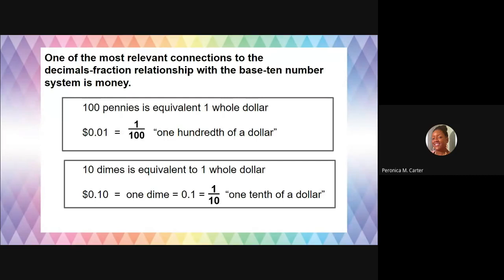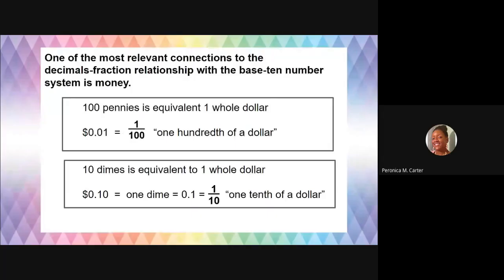And when you're looking at it as one dime, it's also equivalent to 0.1 or 1/10. 1/10 of a dollar. How many dimes does it take to make a dollar? It takes 10 dimes to make a dollar. 10, 20, 30, 40, 50, 60, 70, 80, 90, 100. So one dime is 1/10 of a dollar. Okay, so that's how I relate it to decimals.